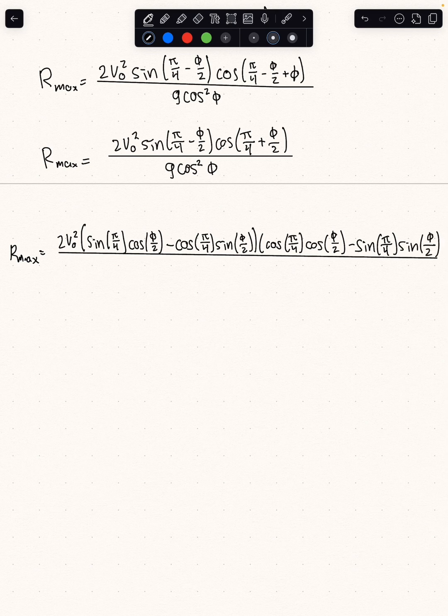Look at that, just enough room. All over still g cosine squared phi.